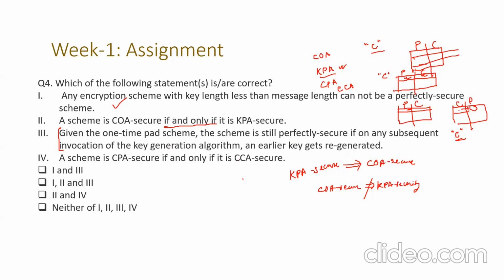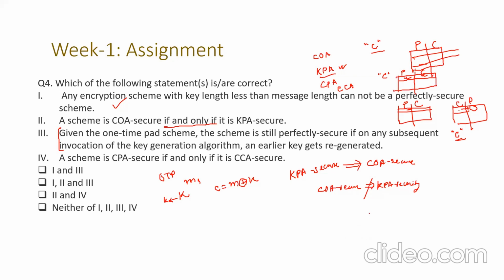Okay, so how does the OTP scheme get defined? For any message M, you sample a new key from the key space and your ciphertext is M XORed with K. This is how OTP encryption works. Now, let's say you are starting with message M1.